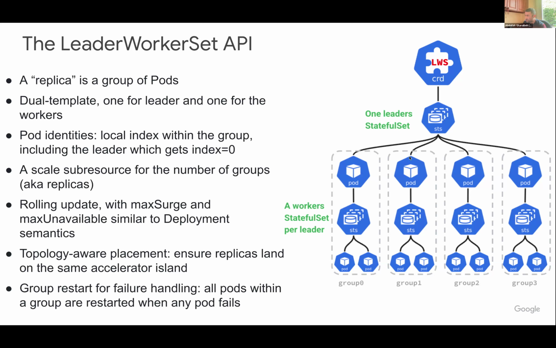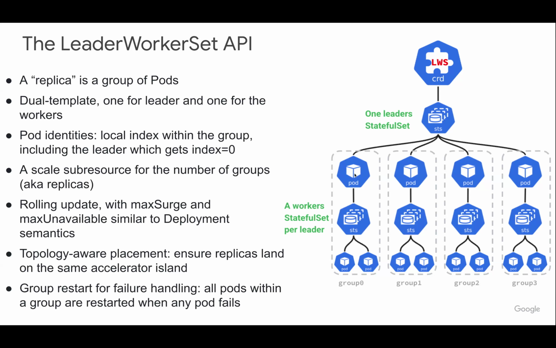So each of these groups is going to be an MPI job, and the leader is going to have rank 0 here, rank 0 here, rank 0 here, rank 0 here, right? Those groups are completely independent. But within the group, the pods need to know each other. So the leader here has a different template. It's exactly right. You can run the driver, and then those are the workers that will basically be managed by the leader. Got it.